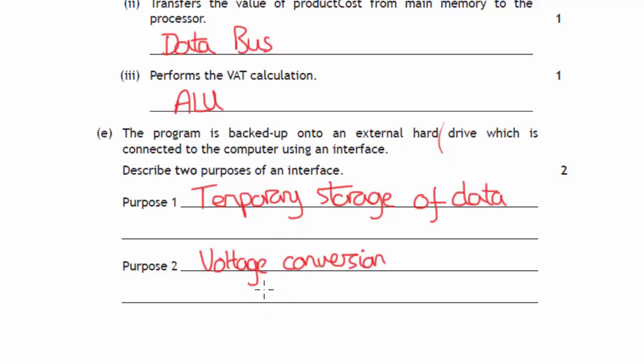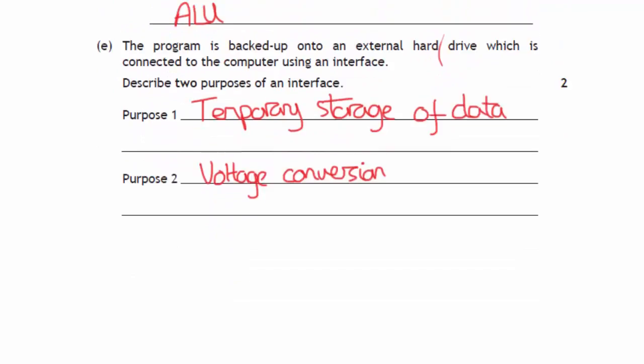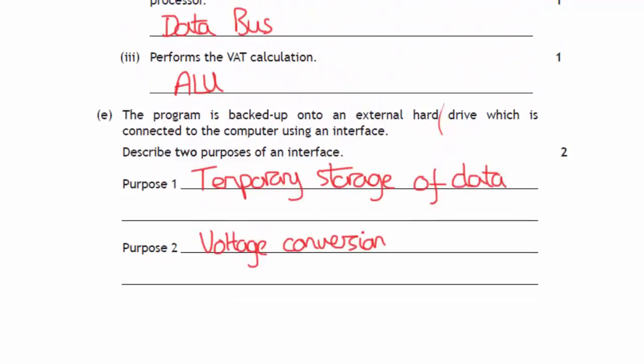You could have handling status signals. So if it loses connection or if the hard drive's full, it'll tell. And even the communication between the two devices. So the computer will tell the hard drive that it's ready to send the data. Okay, and yep, that's the end of that question.